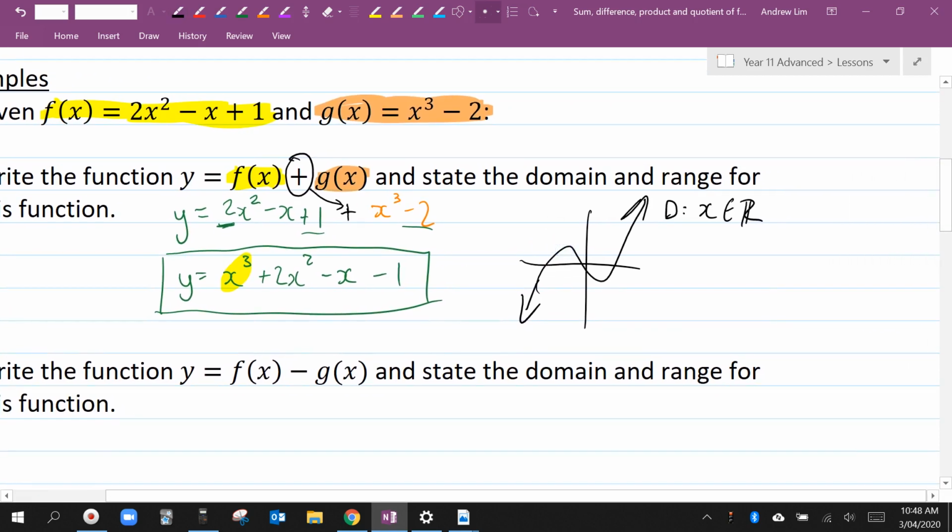However, if we want to write that in interval notation, x is from negative infinity to infinity. Okay, and remember we use curved brackets because we don't include negative infinity or infinity. They're not real numbers. The range is also y is an element of all real numbers, and therefore from negative infinity to infinity.